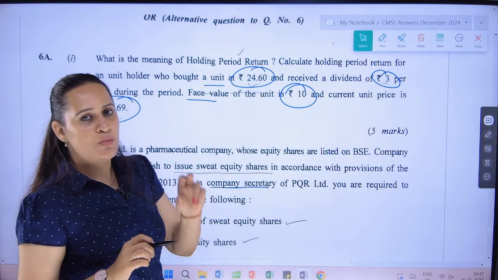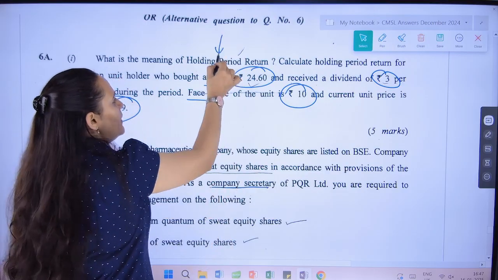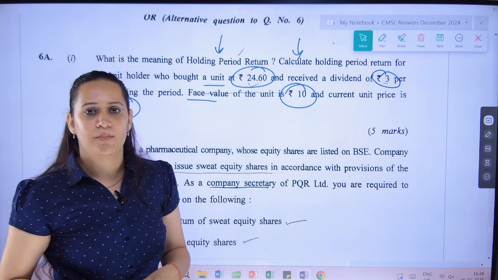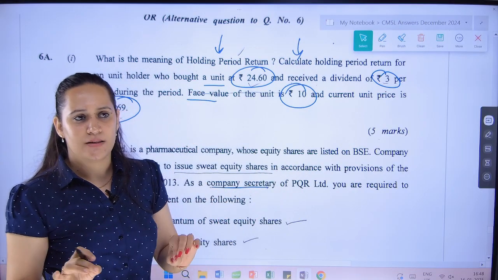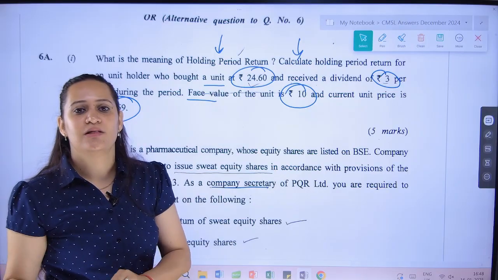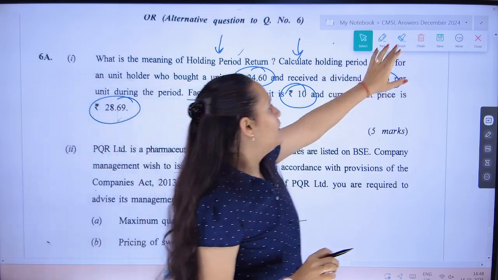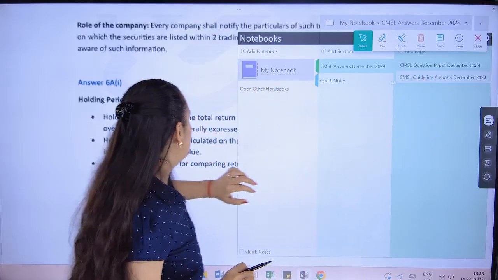So two things are there. One is writing what is a holding period return, and second one, what is the calculation. Again, it is a direct formula based question, no interpretation, nothing. You just have to apply the values in the formula. You have to remember the formula to get it right. So we'll see how we are going to write the answer to this particular question.